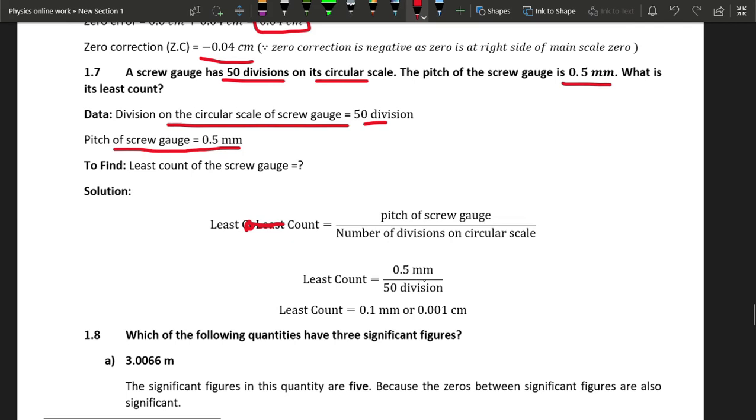So just divide 0.5 by 50. The answer will be 0.1 millimeter or 0.01 centimeter. It is not 0.1, let me correct this value, 0.01 millimeter. So answer will be 0.01 millimeter.